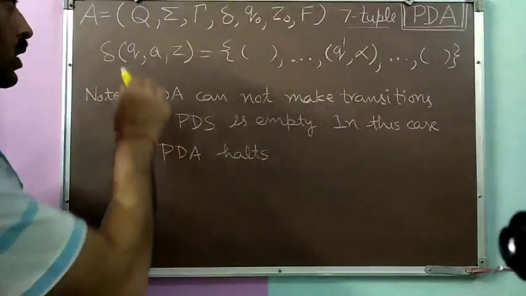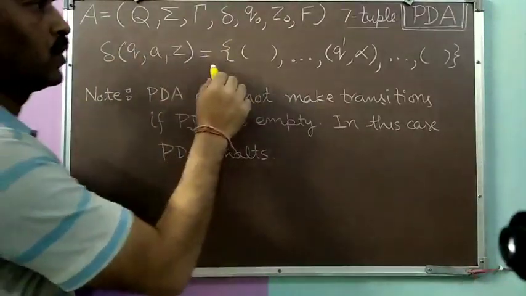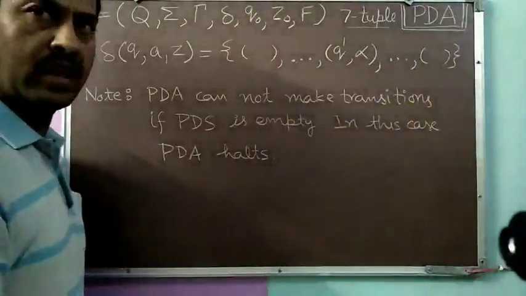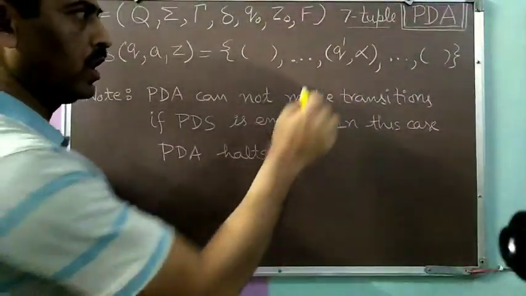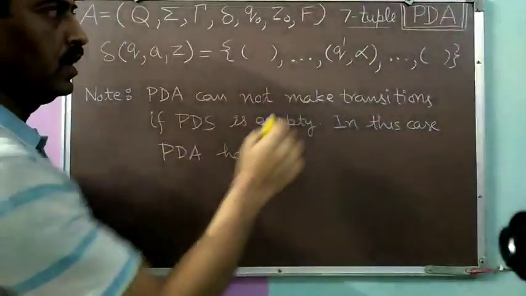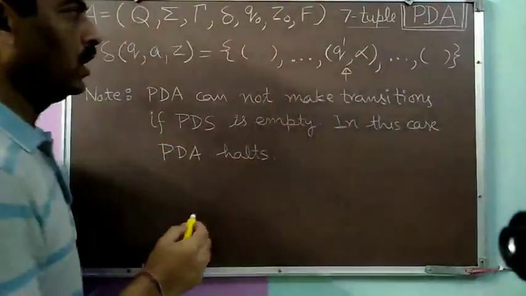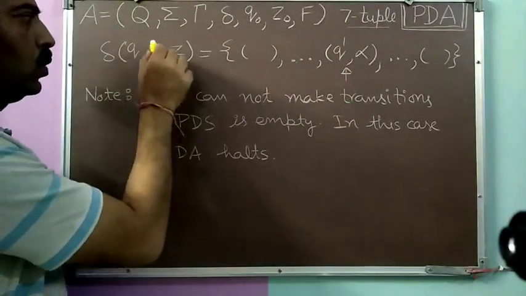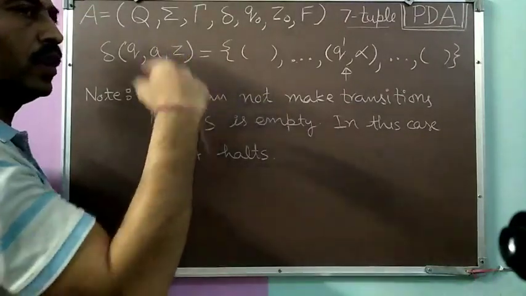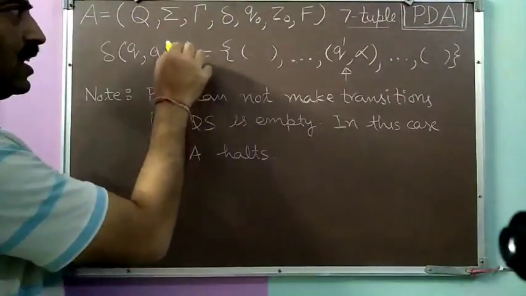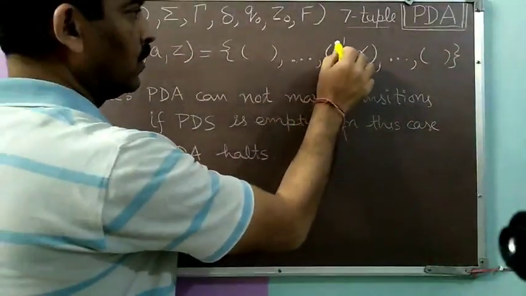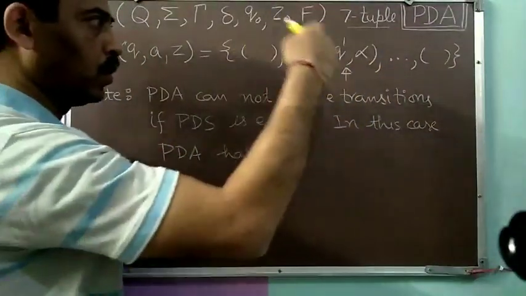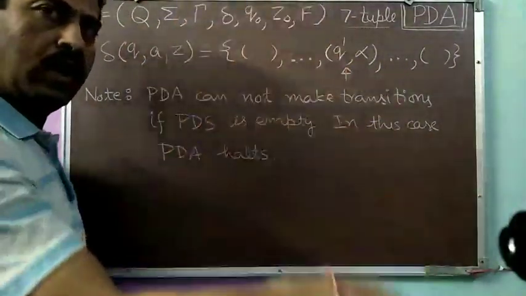As we have understood, if delta of Q, A, Z is equal to some pairs of new states and strings which can be written on the push down store, and among all these available pairs, suppose we have chosen this one, then this simply means that if we are currently in the state Q, reading a symbol A, and Z is on the top of the push down store, we will be erasing Z, and then we will be moving to the state Q dash, and we will write alpha, or put the symbols present in alpha onto the push down store.